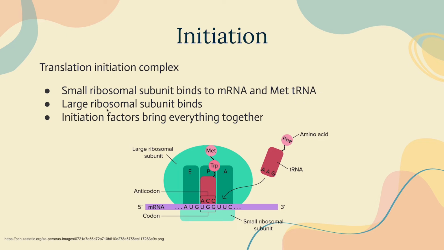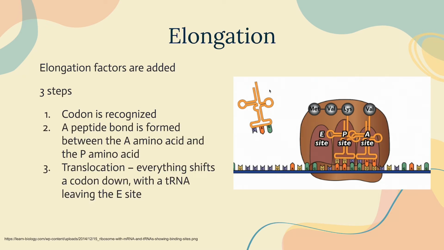And then the large ribosomal subunit binds, and the initiation factors, which are proteins, bring everything together. So basically the small subunit binds to mRNA, and a tRNA that has a methionine, and then the large ribosomal subunit binds.